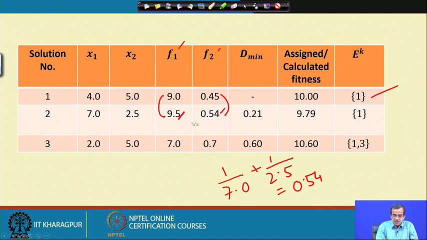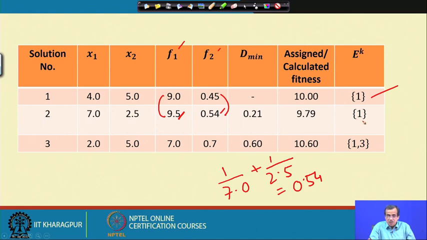Once again the second solution is a worse solution in terms of f 2. That means solution 2 is found to be dominated, or worse, compared to the non-dominated solution 1 in terms of both f 1 and f 2. So, this is a bad solution, this should not enter in the non-dominated bin, and that is why the second solution I did not put it here. And you see the elite set will contain only the first solution.